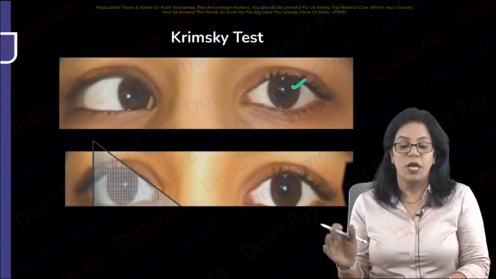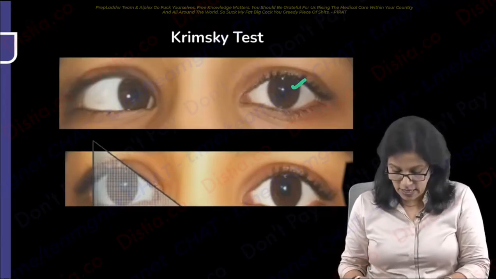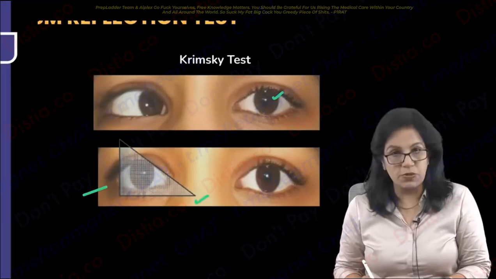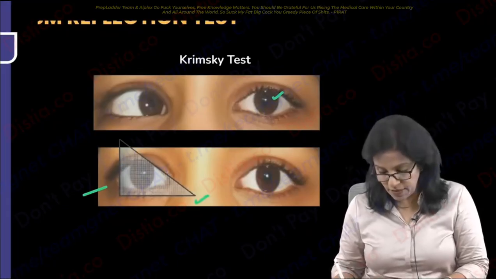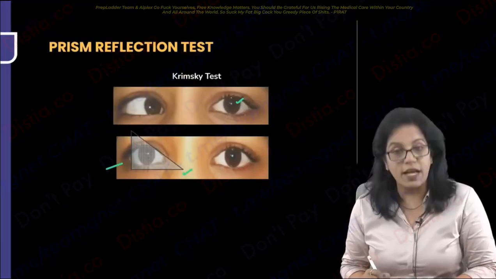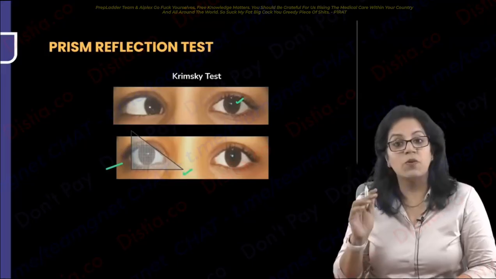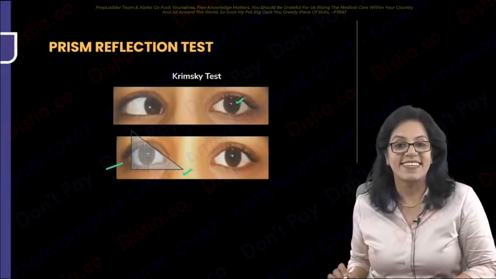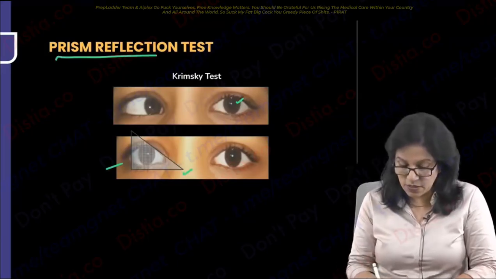Why is it out? Because the eye is in. Now when the eye is in, what am I doing? I am putting a base out, apex in, base out prism in front of the squinted eye, and I keep seeing the behavior of the normal eye. I am putting the prism and seeing at what prism strength the two light reflexes center. Okay, please correct this. So this is what is prism reflection.